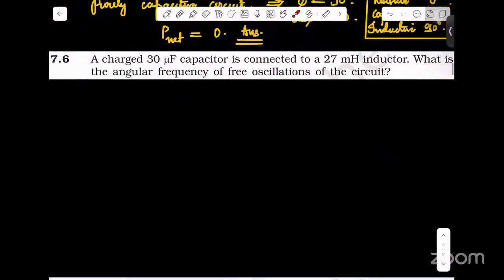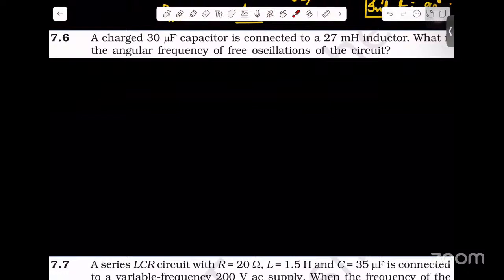Okay. So here is the next question in front of us. A charged 30 microfarad capacitor is connected to a 27 mH inductor. What is the angular frequency of oscillation of the circuit?